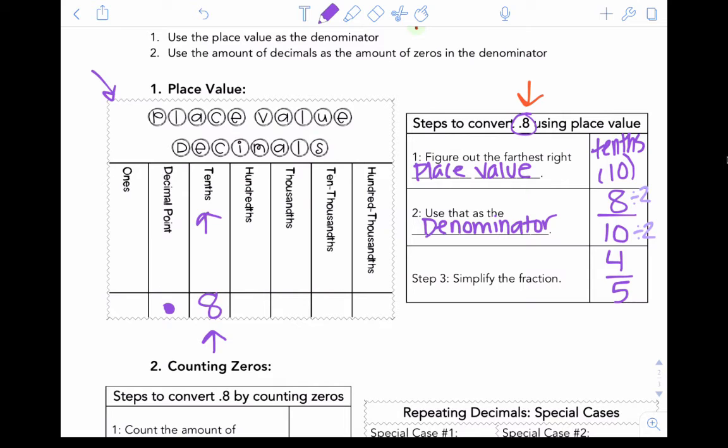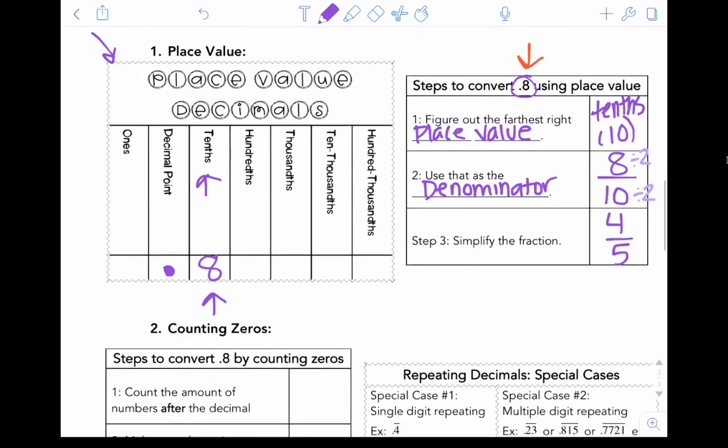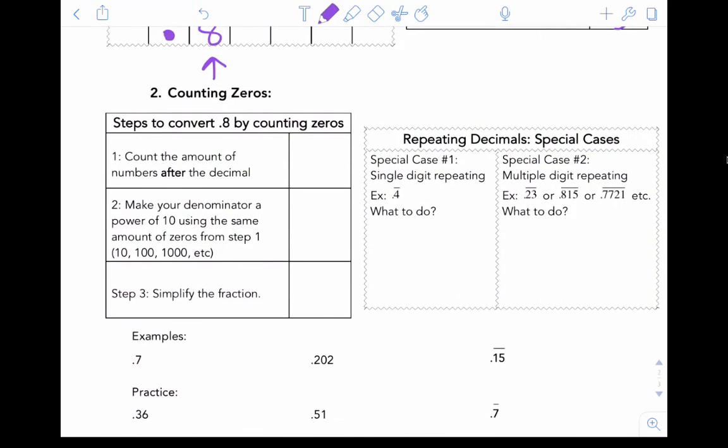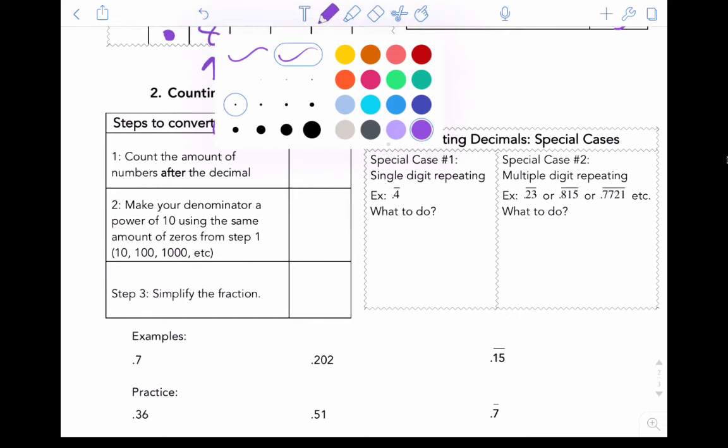Our next way that we can think about this problem is by counting numbers and counting zeros. So the first way was using place value. Now I'm going to go through the steps for counting zeros. Once again, we're going to convert 0.8, but this time by counting zeros.